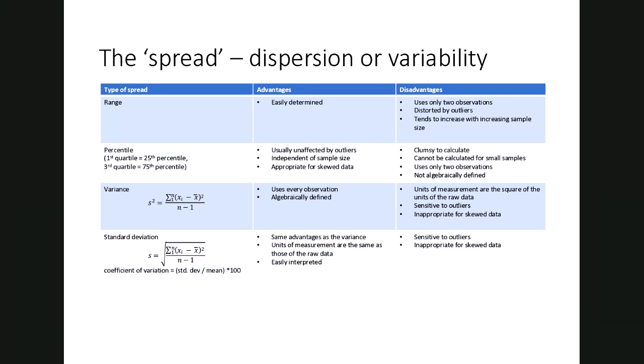It's n-1 because it's a sample variance, but if you are trying to get a population variance, then it is n. I will explain why n-1 in the next slide. And then standard deviation is just the square root of the variance.